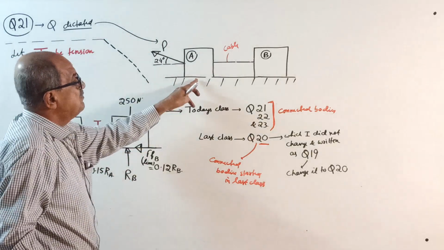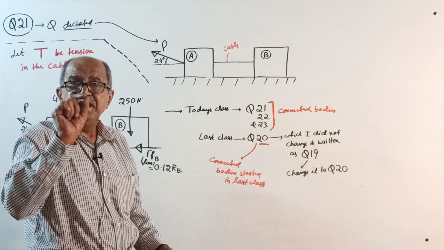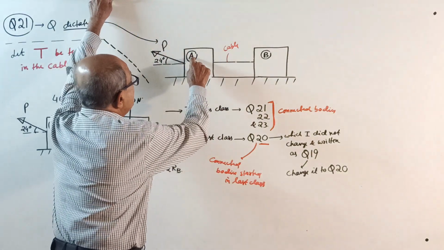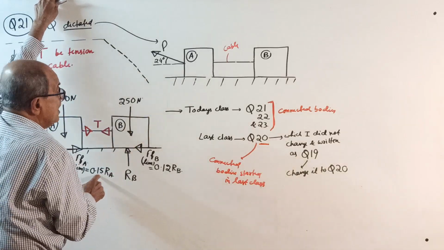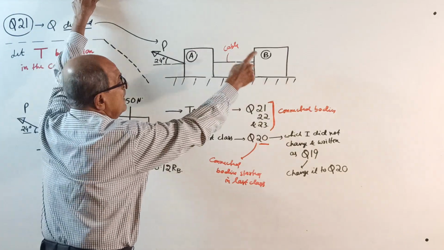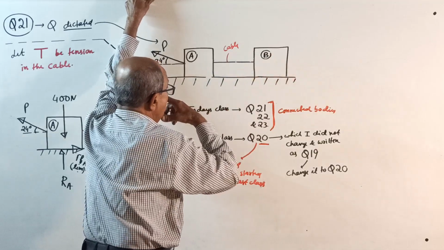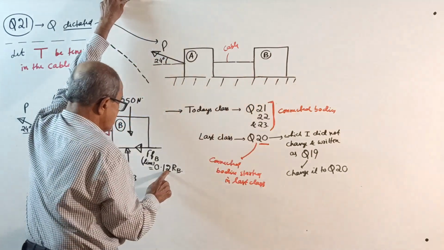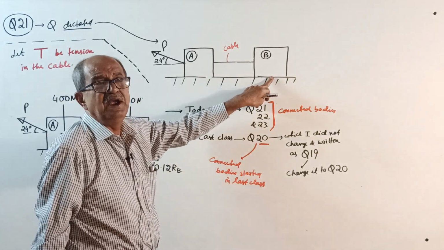Then further given in the question, coefficient of friction, you should write, for the contact surface of block A with the surface is 0.15. So here mu is 0.15, and for the contact surface of block B with this horizontal plane, mu is 0.12.